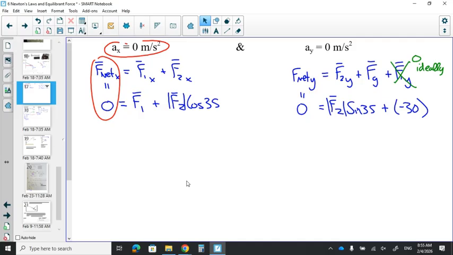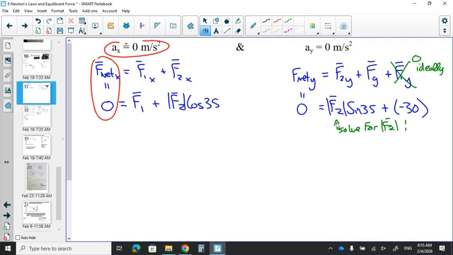I'm back. All right, so looking at this, what's our next step? We've got in the x direction, we have an F1 and an F2. How much can we do with that single equation with two unknowns, right? In the y direction, we only have one unknown, right? So we can solve for this thing. Right, solve for the size of F2, right? So let's do that.